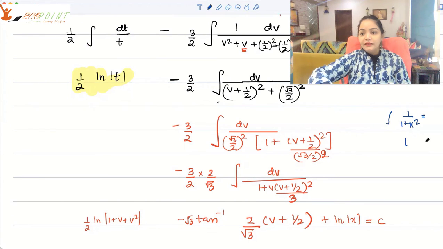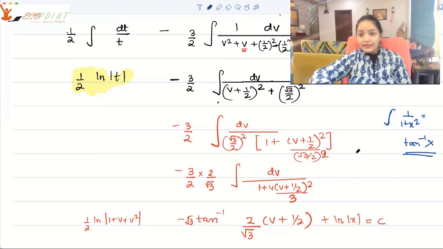That's how you'll have to make another substitution and get to tan inverse x in this integral. Within that substitution, 3 by 2 is already outside, and 2 by root 3 from the denominator will come out after cancellation.